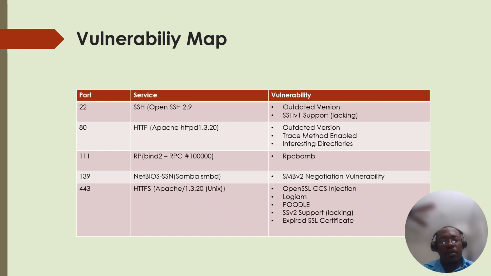And port 443 is HTTPS, Apache 2 on Unix, and the vulnerabilities are OpenSSL CCS injection, Logjam, POODLE, SSL version 2 support, and lacking or expired SSL certification.